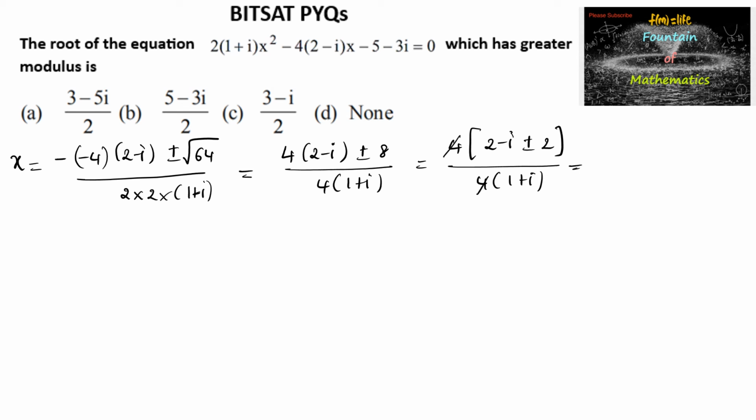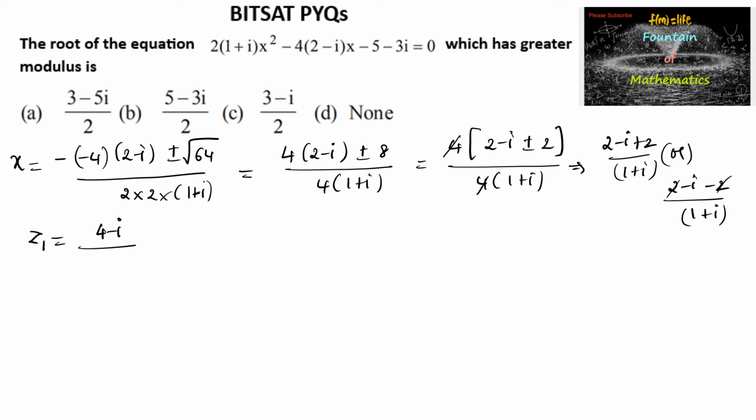So we get here two roots, that is (2 − i + 2)/(1 + i), or (2 − i − 2)/(1 + i). Let us consider z1 is equal to (4 − i)/(1 + i), and the second root z2 is equal to −i/(1 + i).